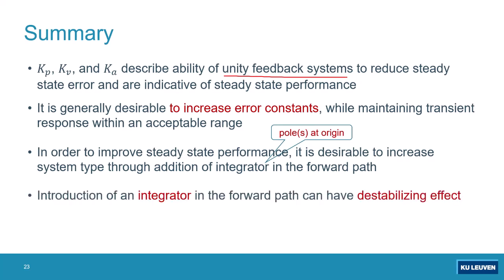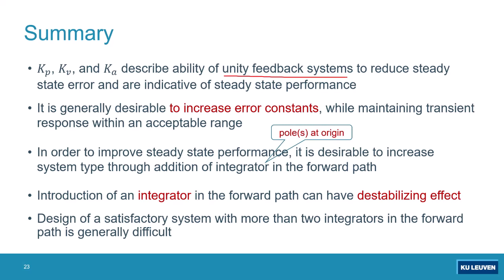An introduction of an integrator, even though this means an increased system type number, will give a risk of destabilizing the closed loop system. So be careful here. Indeed, we can reduce the steady state error by introducing more integrators, but this might also cause instability in our system at the end.